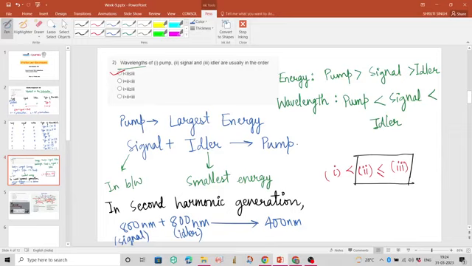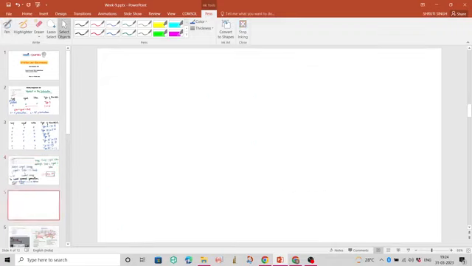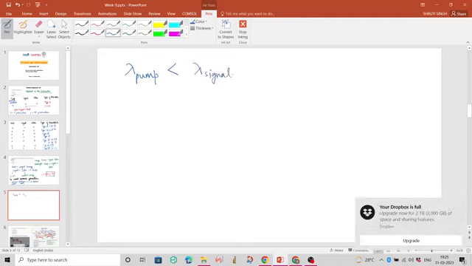So let me write it in a nicer manner. Lambda pump, not less than or equal to lambda signal, lambda idler.